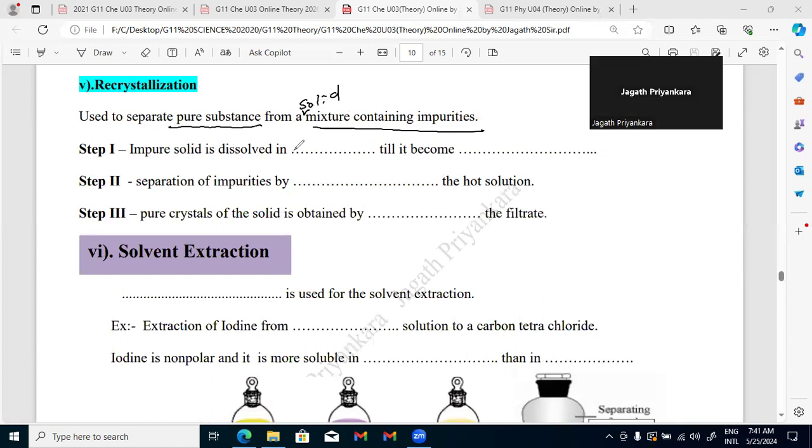So the impure solid is dissolved in hot solvent, and I'll highlight the important ones, till it becomes saturated.